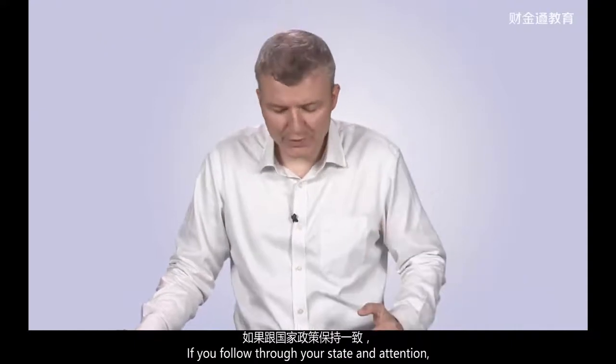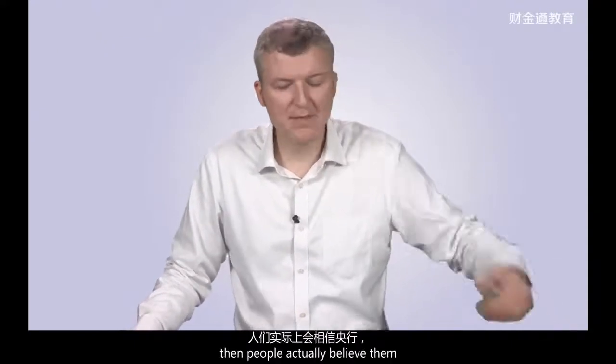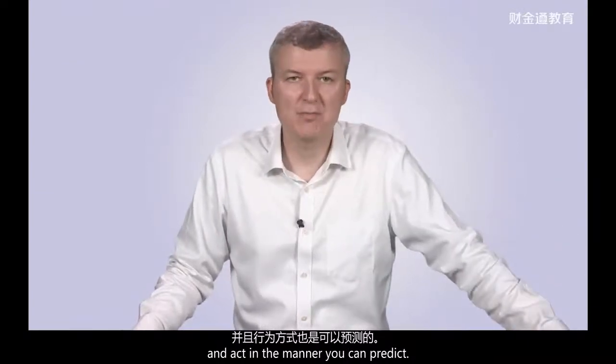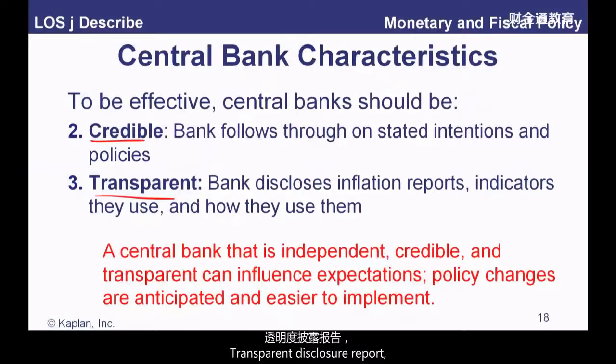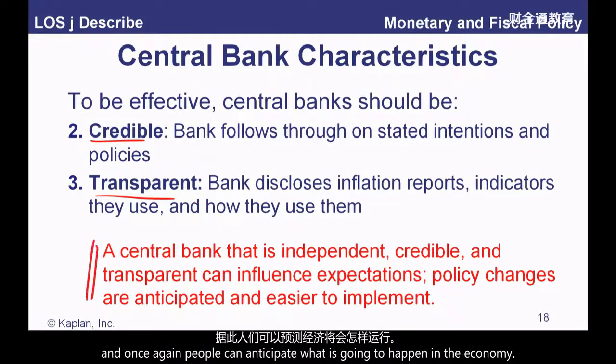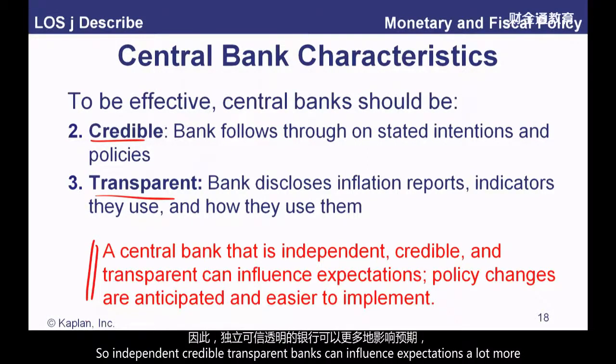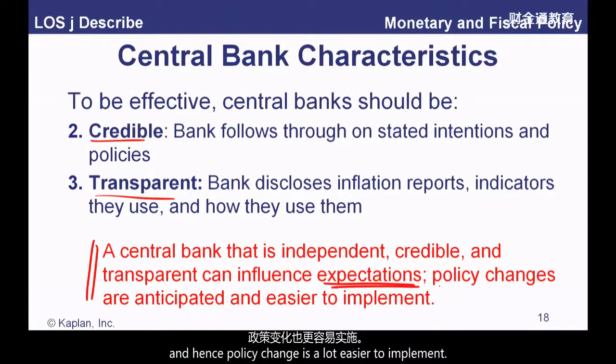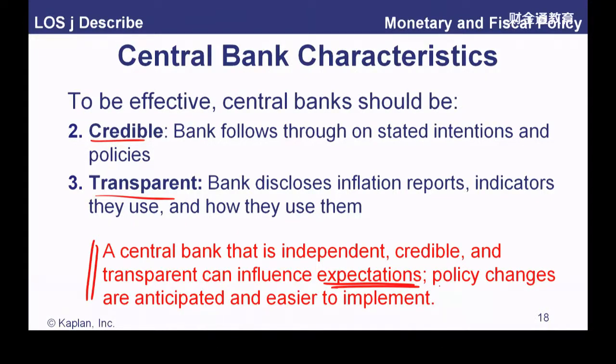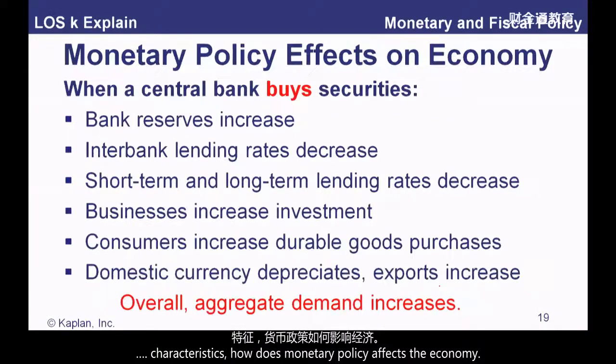If you follow through on your stated intentions, then people will actually believe them and act in a manner you can predict. Transparent means disclosure reports and indicators, how you use them, and again, people can anticipate what's going to happen in the economy. So independent, credible, transparent banks can influence expectations a lot more, and hence policy changes are a lot easier to implement. So they're your characteristics.